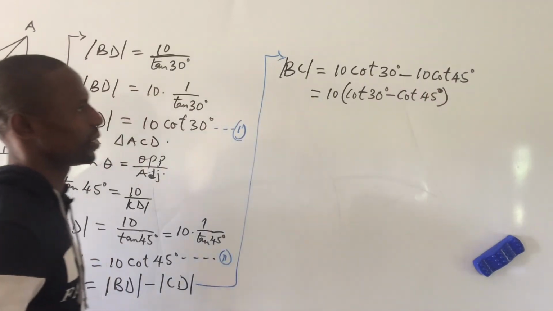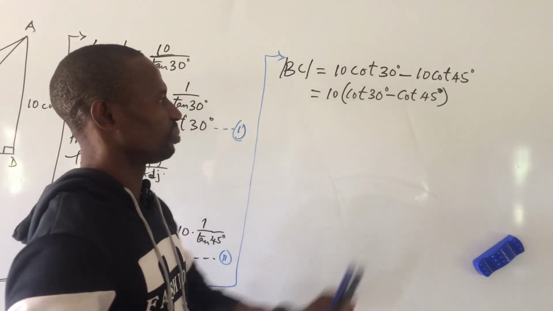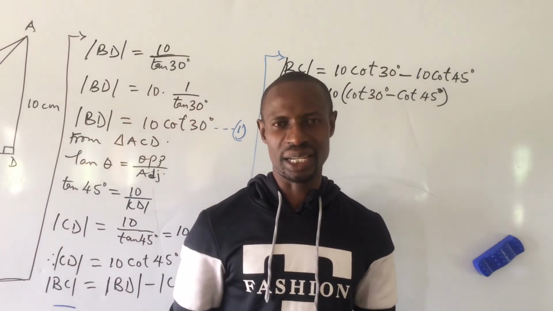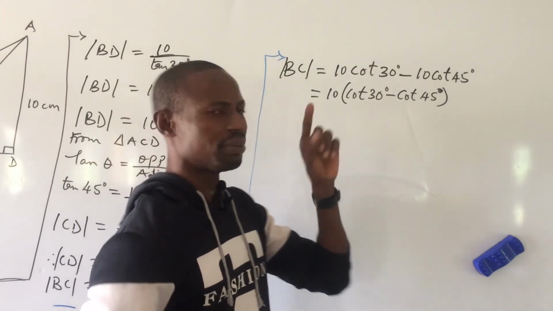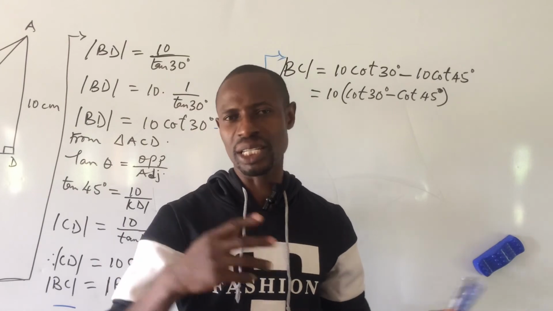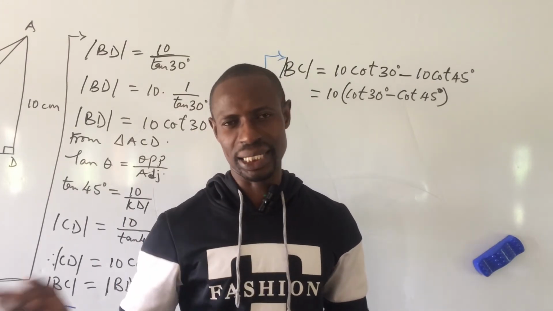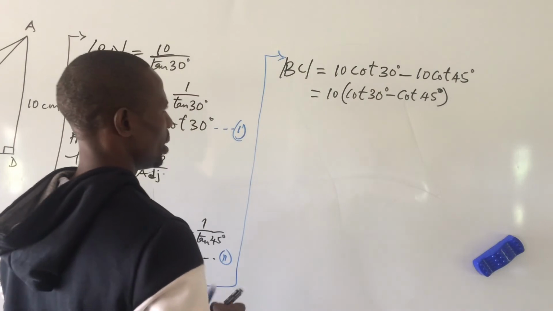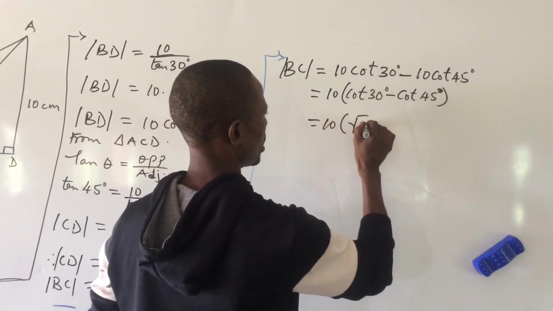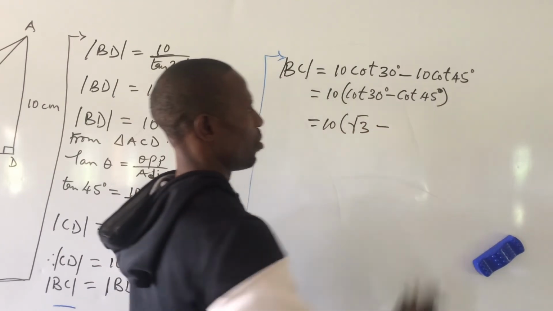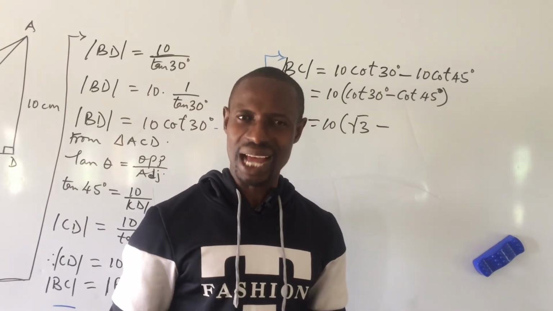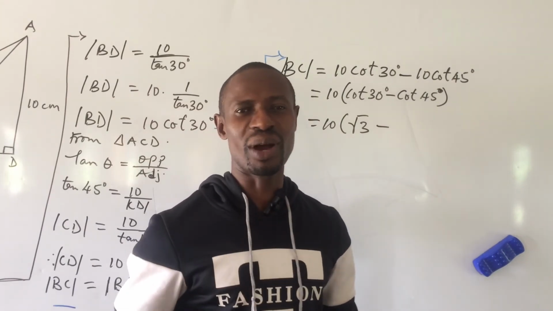Close our bracket. What is cot 30 degrees? From special angles, cot 30 degrees is root 3, because tan 30 is 1 all over root 3. So cot 30 is the reciprocal of tan 30, which is root 3. And so this will give us 10 into root 3 minus, why, cot 45 degrees is 1, because tan 45 degrees is 1, so the reciprocal of 1 will still give us 1.